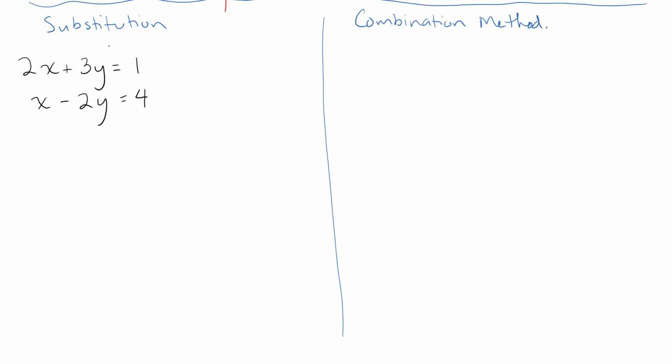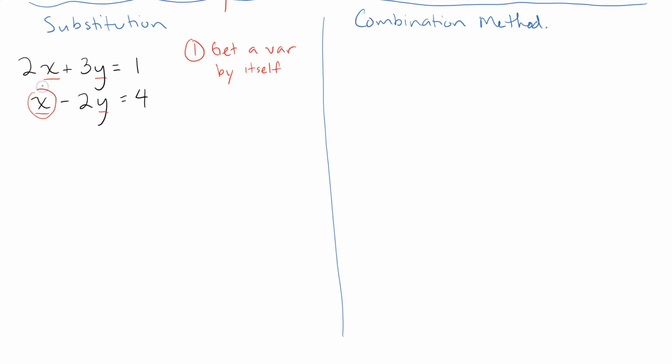Using the substitution method, our goal is to first get a variable by itself. We can choose any of the variables in either one of these equations, whichever one looks the easiest to get by itself. For example, this x right here looks pretty easy for me.